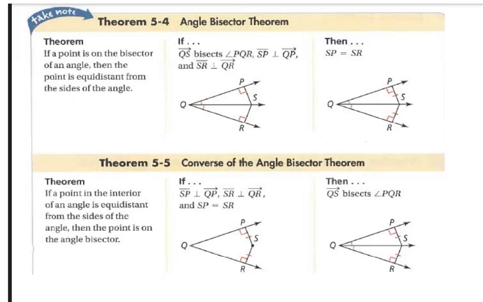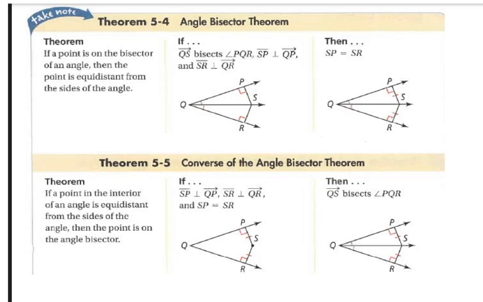Alright, the third theorem that we're going to go over is called the angle bisector theorem. And it says that if an angle bisector like QS, notice ray QS, bisects this bigger angle here, and it cuts it into 2 equal pieces, which they have marked.